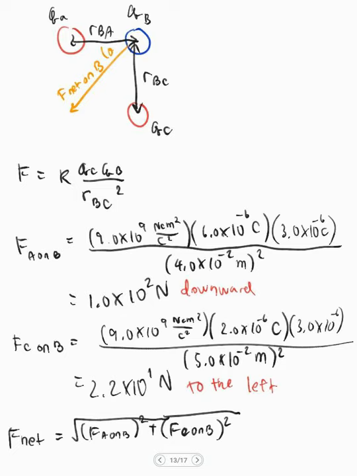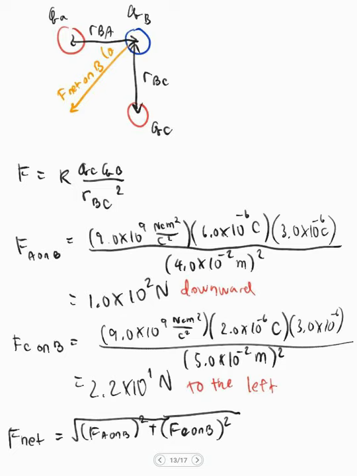If you remember, we can also find the net force by imagining a line that represents the net force on B, and we bring in the formula we just learned, F equals K times QC times QB over RBC squared.